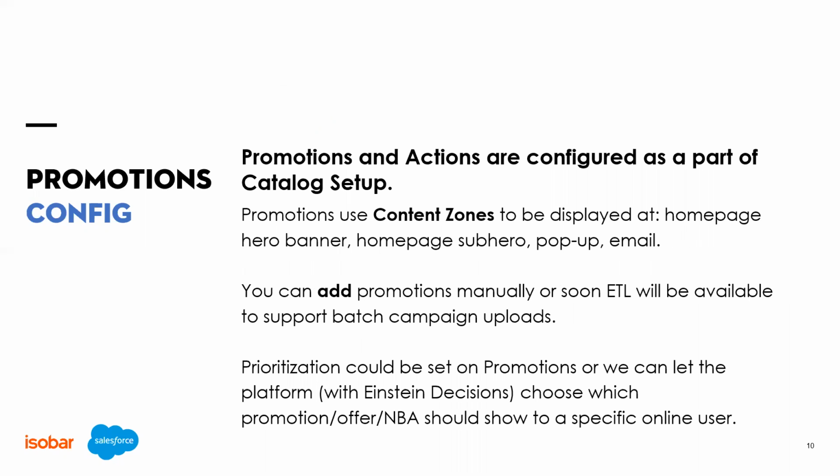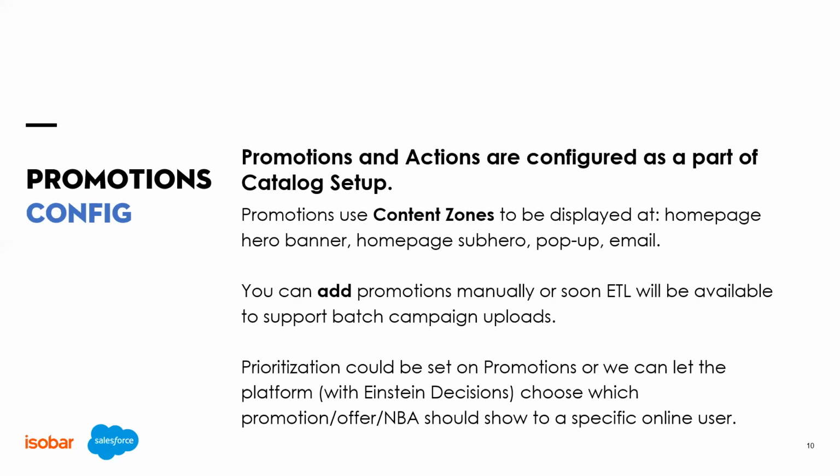With the campaign selection you have, you can build sort of promotions and actions that you can configure in Interaction Studio as a part of catalog setup. Why is it related to catalog? Because in catalog you add promotions, which are treated as campaigns in Interaction Studio, and each promotion uses a content zone to be displayed at.